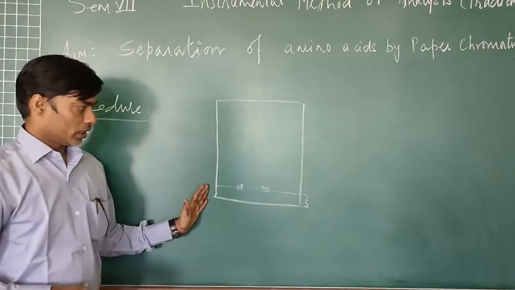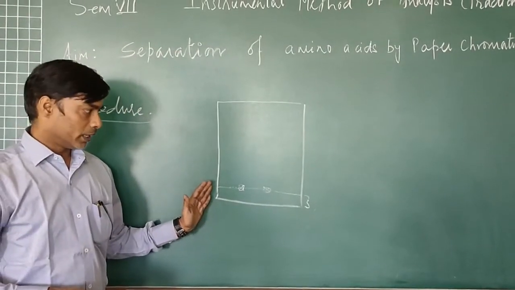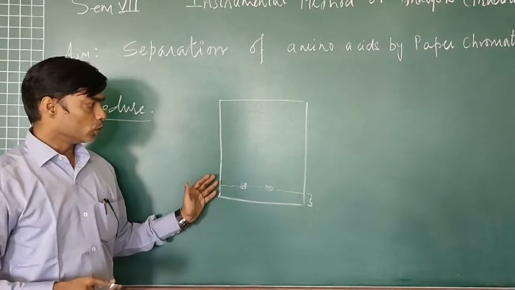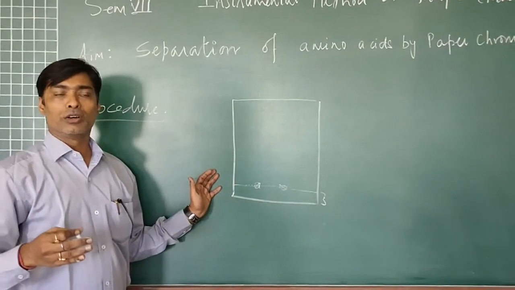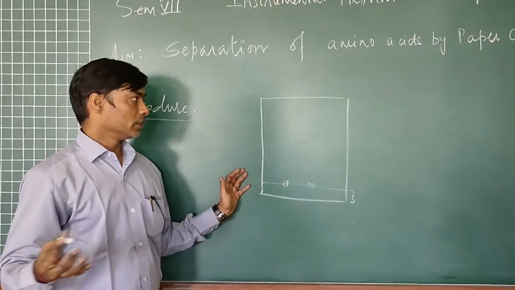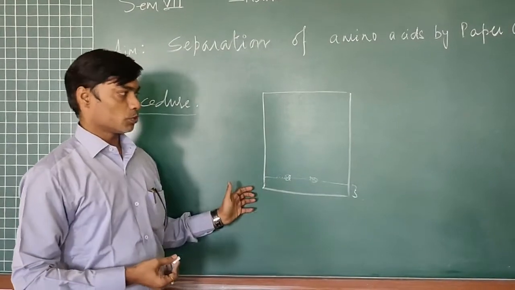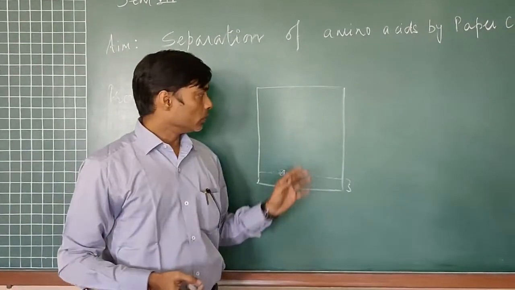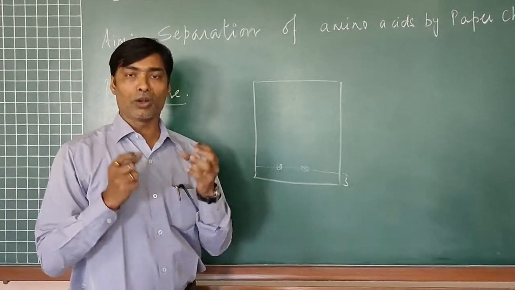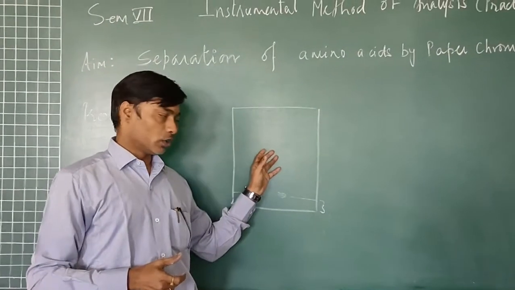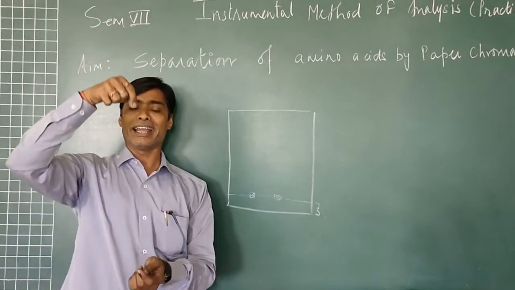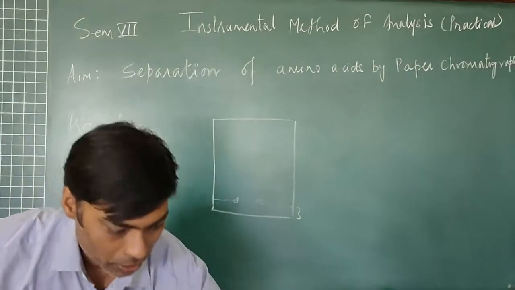Once the spotting is carried out with the help of the capillary tubes and the saturation of the mobile phase is done, we will roll this paper, because this particular paper does not have that much strength to hang in position within the chamber.